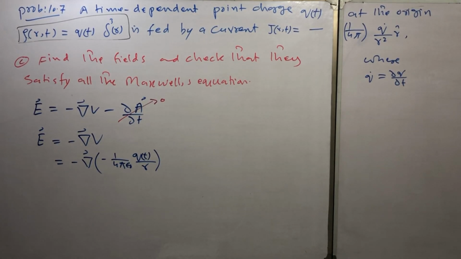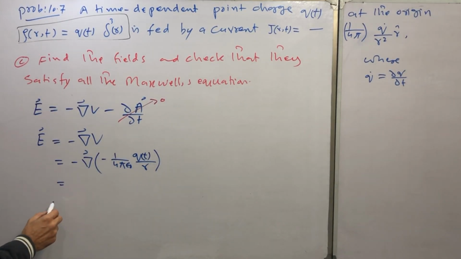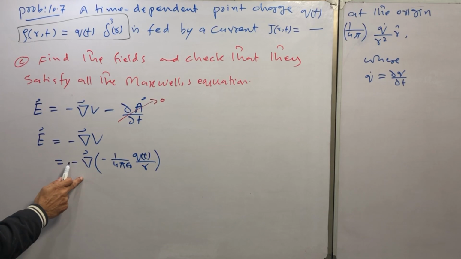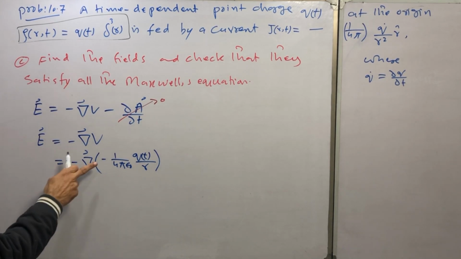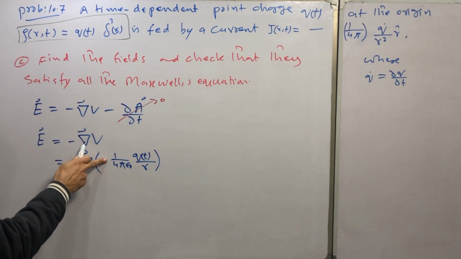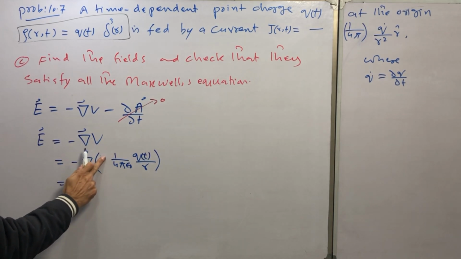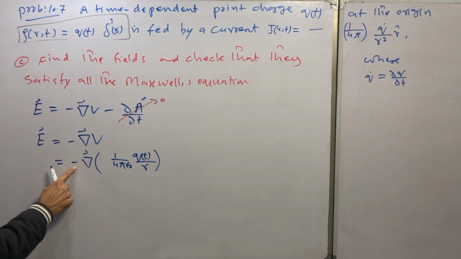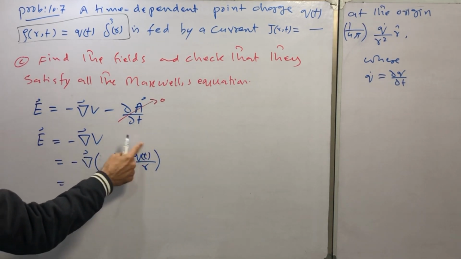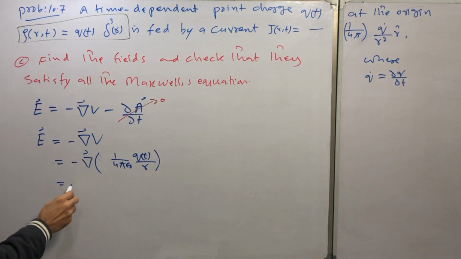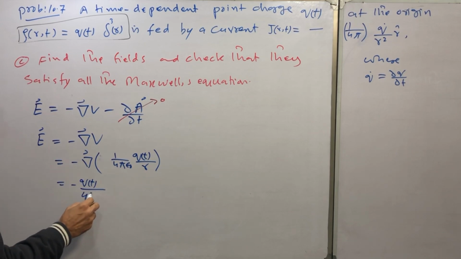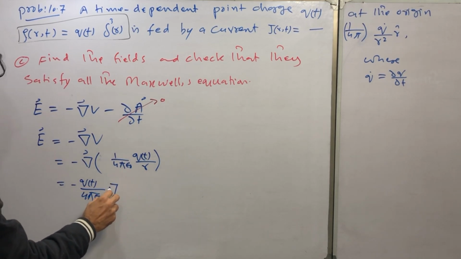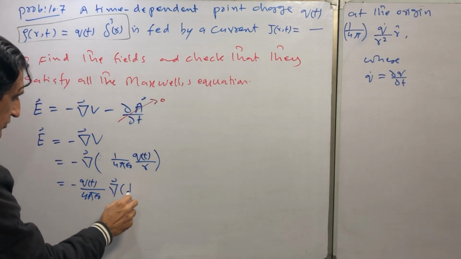Maybe there is no minus here, so this is plus. So minus del of this potential, which is minus q of t divided by 4 pi epsilon naught times the gradient of 1 over r.